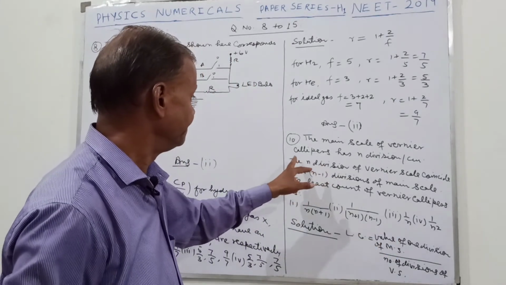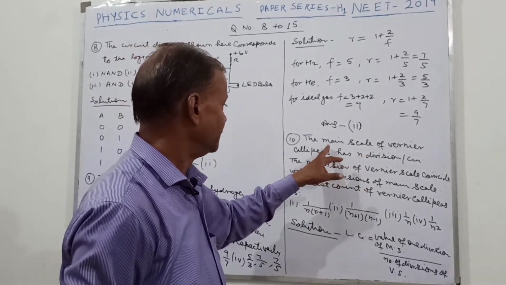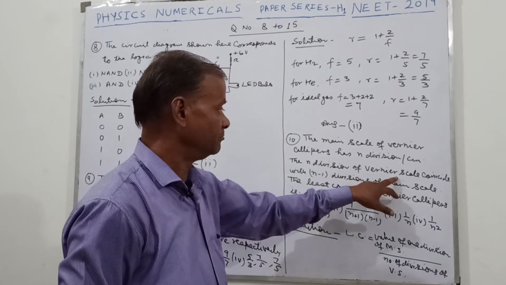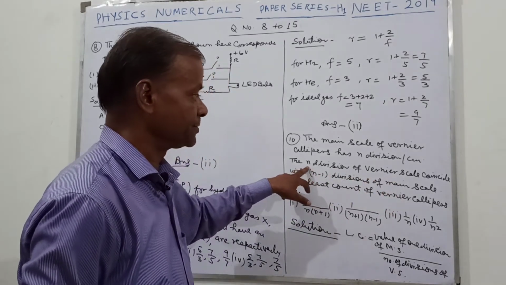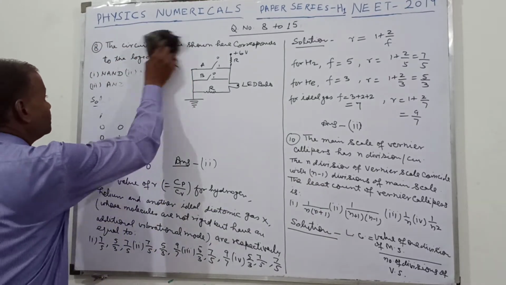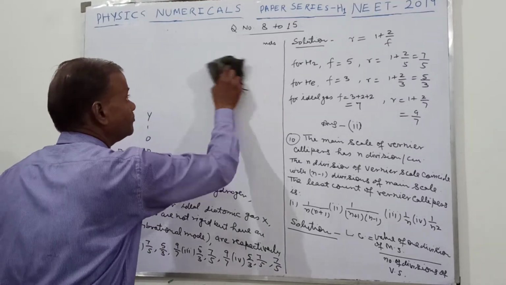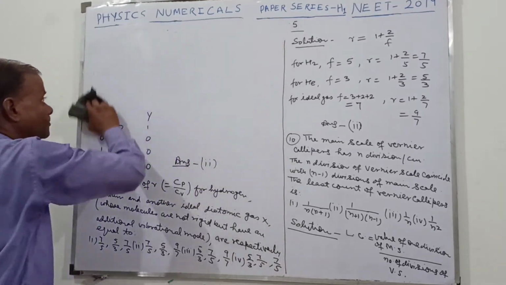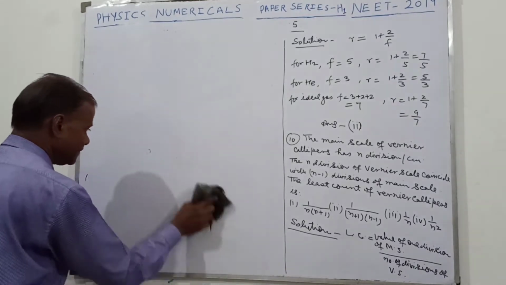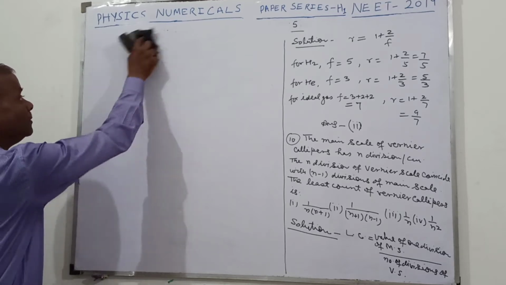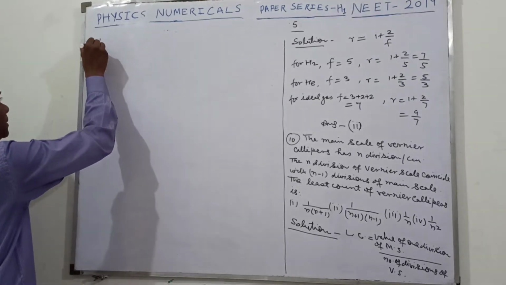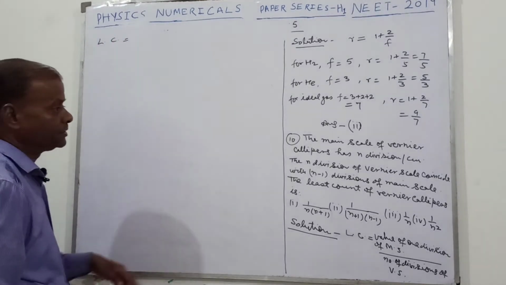This is given: the main scale has n divisions per centimeter, and the vernier scale has n divisions. Now what is given?